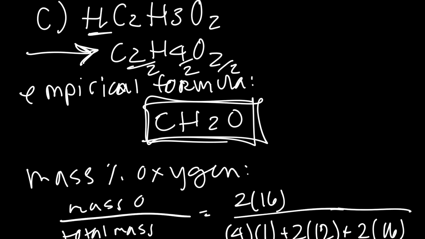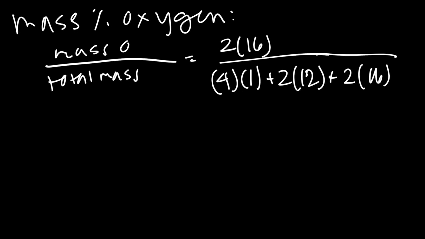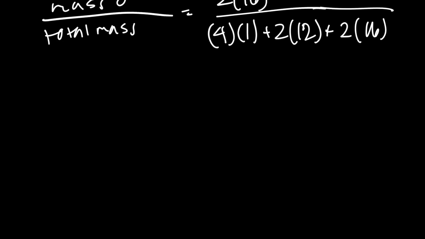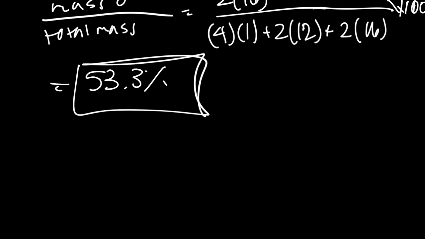This comes out to 53.3% after you multiply it by 100. Which is, again, the same as in part B because they have the same ratio.